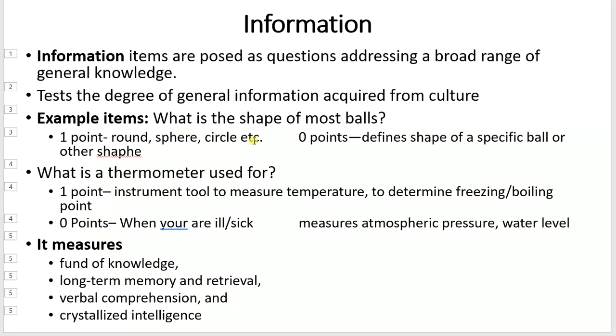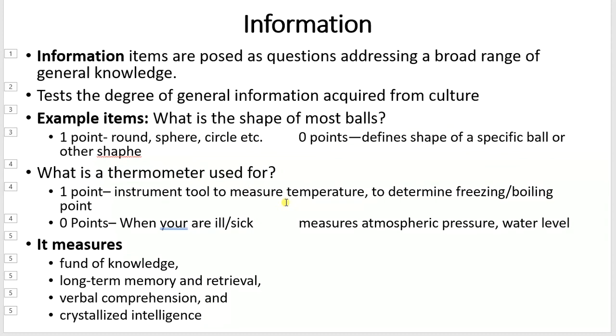And if he defines the shape of a specific ball, cricket ball, say football, then we give 0 points because we are asking for the abstract feature. What is the shape of most balls? Or if he says some other shape, say ellipse, then it will get a zero score. Similarly, another item is, what is a thermometer used for?